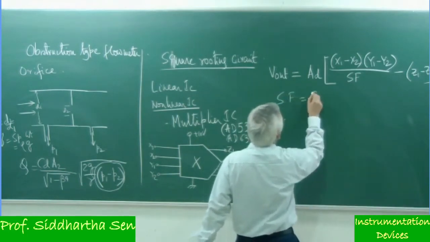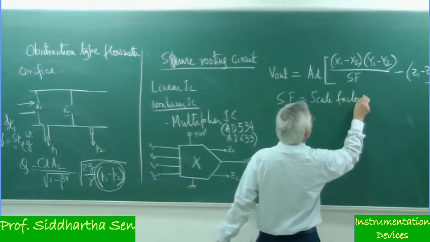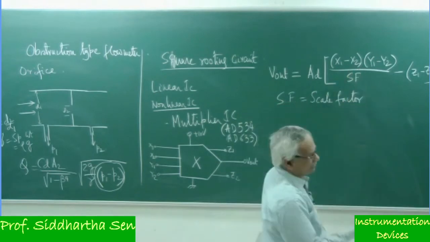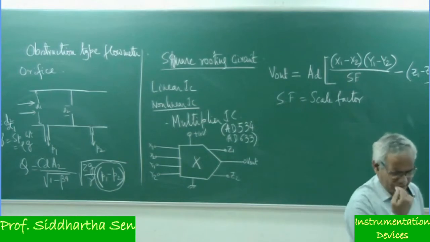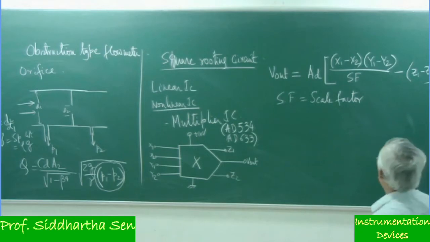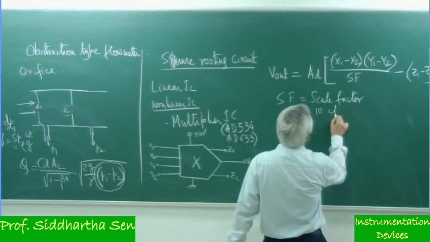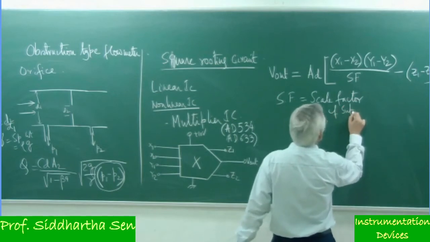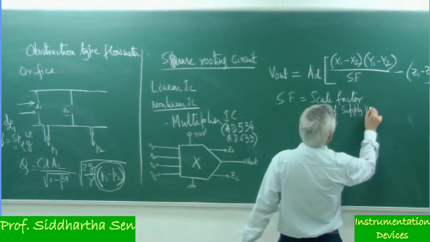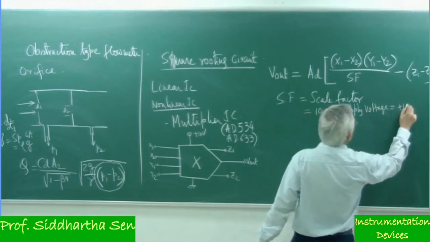SF is called the scale factor, because if we multiply two signals, the voltage may go high and beyond the saturation limit, and that is why we need to scale down. For this case it is 10 if the supply voltage is equal to plus 10 volt.